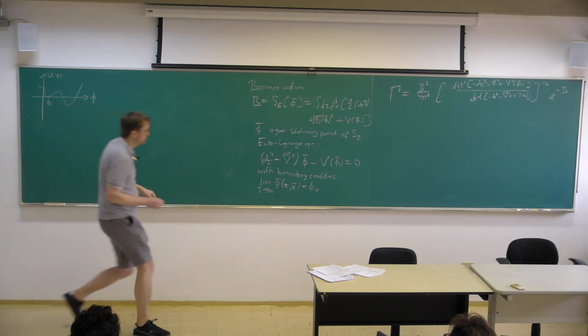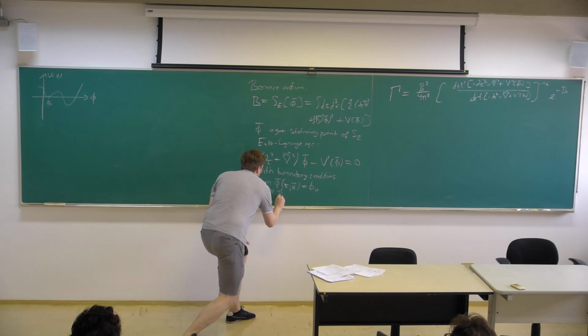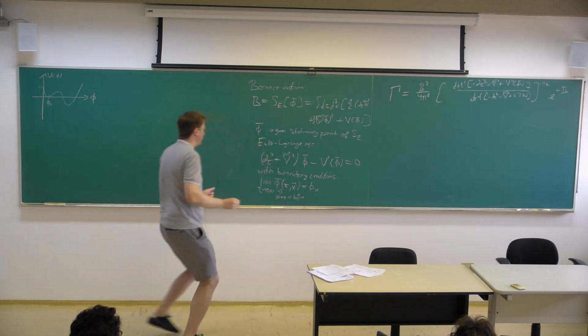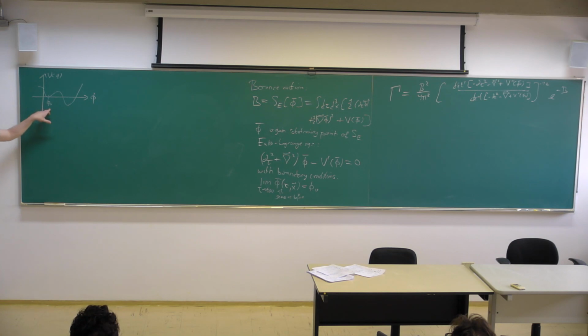That's exactly the same thing. Can phi naught be a function of x? No, sorry, phi naught is a constant. Phi naught is really just the value at the minimum of the potential.